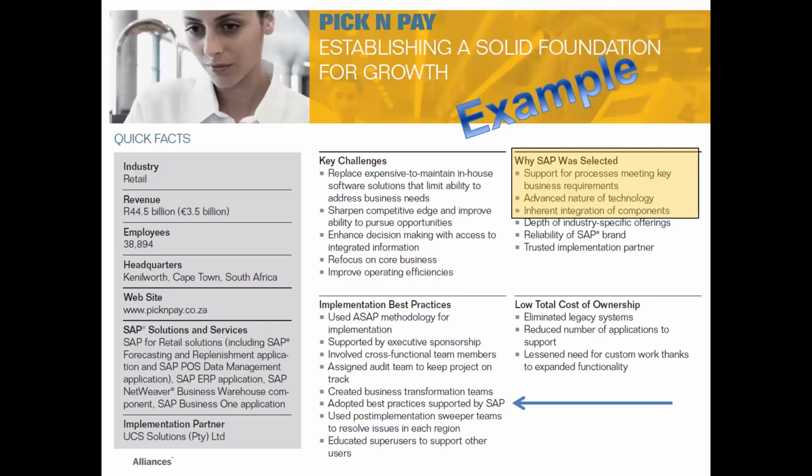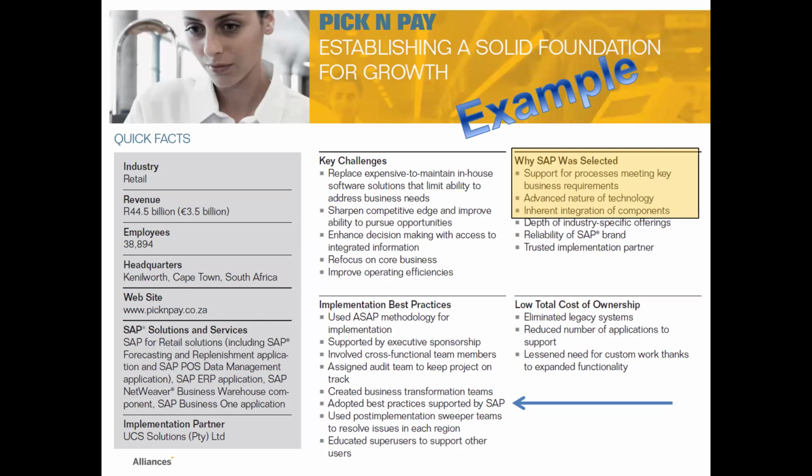Let's look at this case study here of Pick and Pay, which is an example of a company that runs on SAP. It is titled Establishing a Solid Foundation for Growth. It's a retail company with a revenue of about 3.5 billion euros and over 38,894 employees in South Africa.